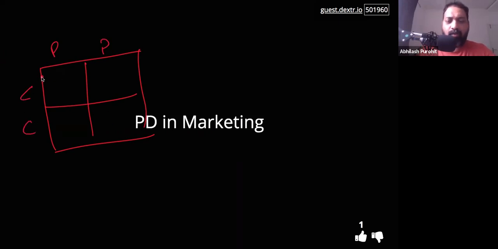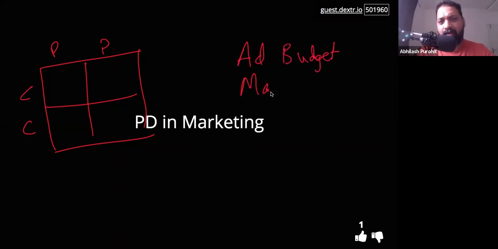If P does not waste money on, say, they have two choices. They have an ad budget and they have a marketing budget, let's say. Again, imagine these are well-designed slides and all of that. Both Pepsi and Coke have this.